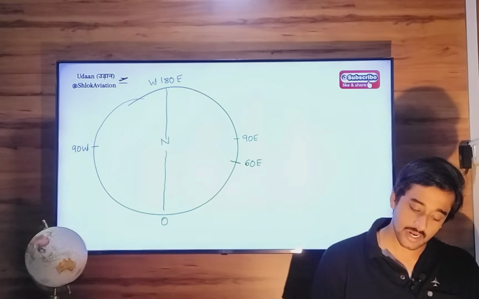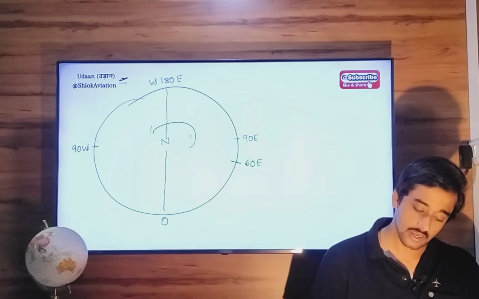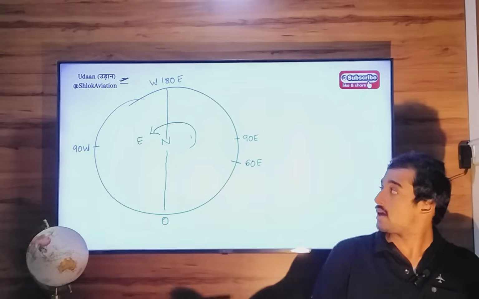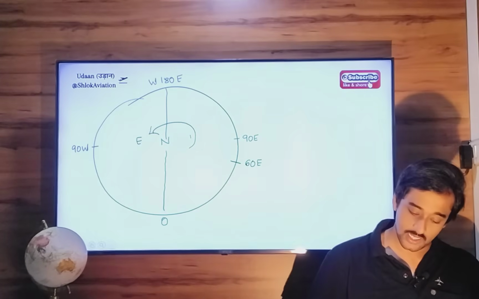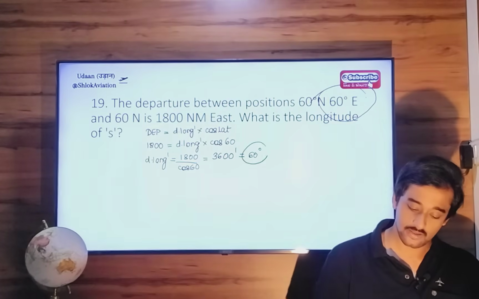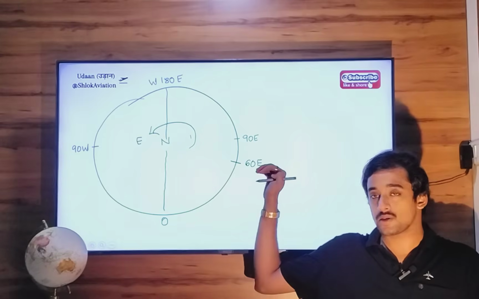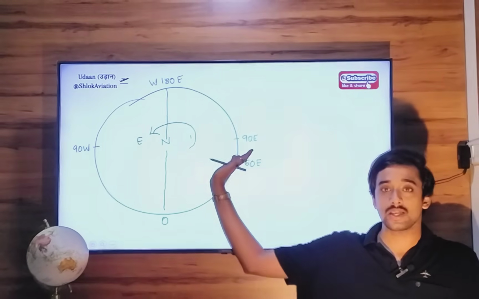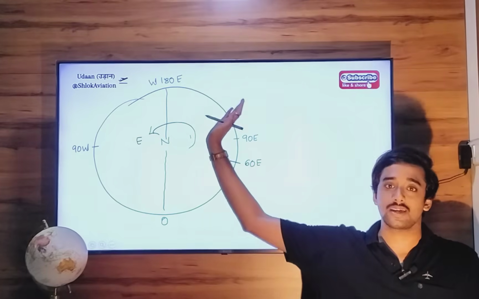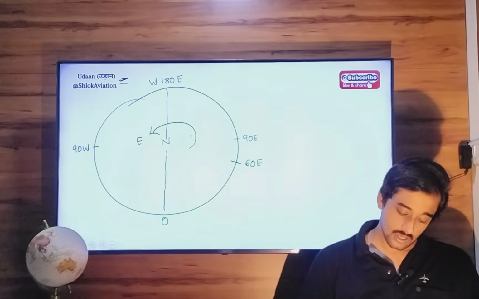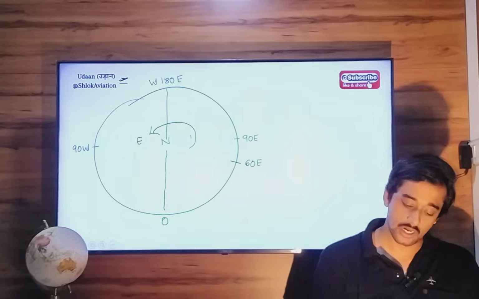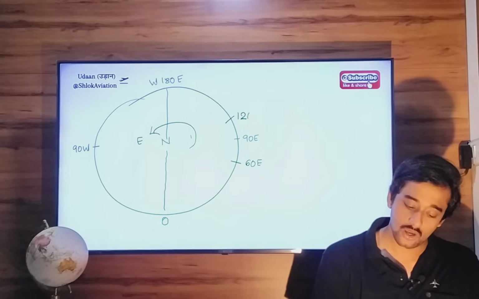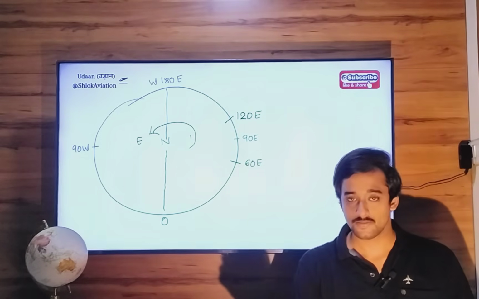Easterly directions are anti-clockwise. So what is d long? It is 60 degrees. If initial longitude is 60 east, the final longitude will be somewhere on this side, to the east of 60 east. So 60 plus 60 is 120. Your destination will be 120 east.